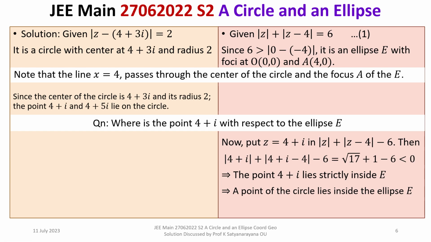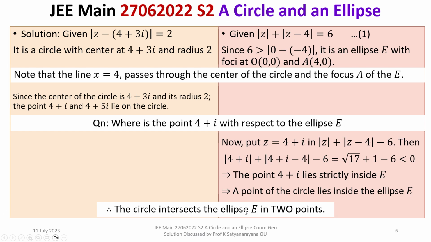So imagine what happens now. This implies the circle intersects the ellipse E in 2 points, because a point of the circle lies strictly inside the ellipse. The circle passes through that point, which is strictly inside.